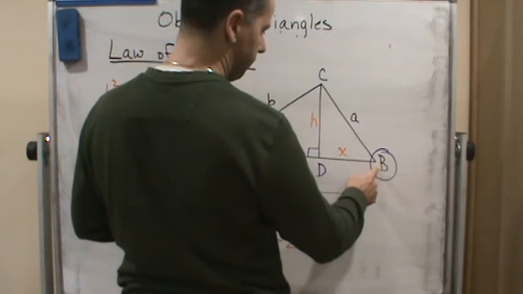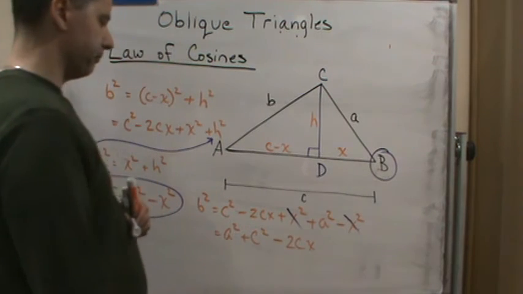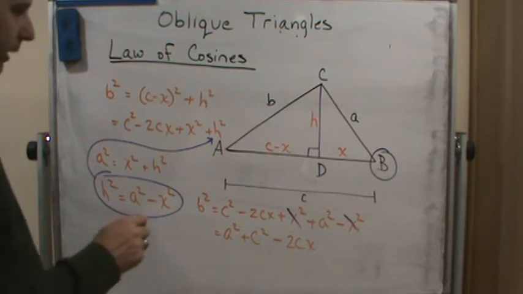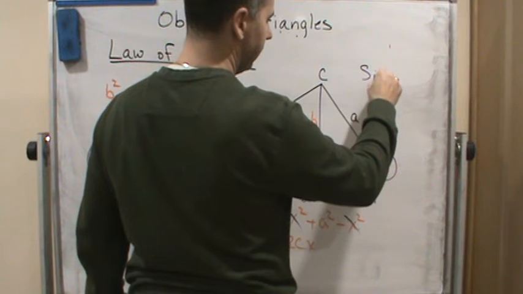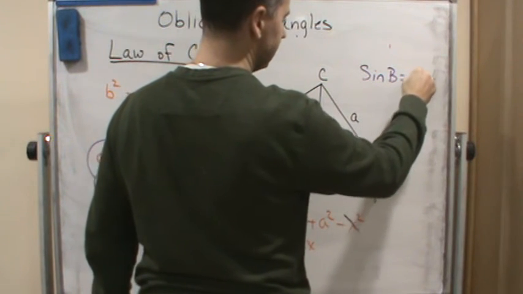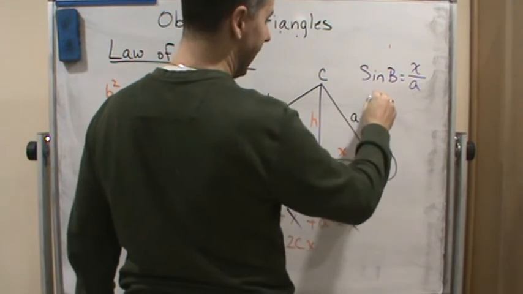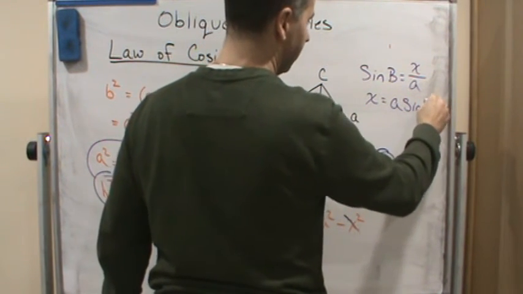So cosine of b is adjacent over hypotenuse, and in this case, x over a. So x is equal to a cosine b.